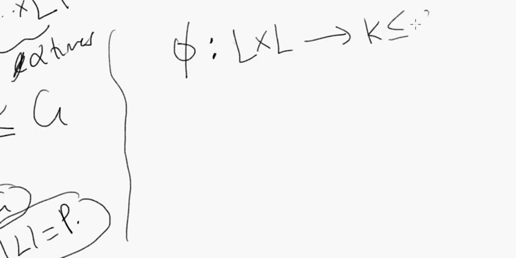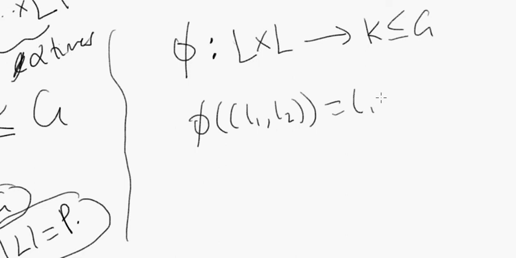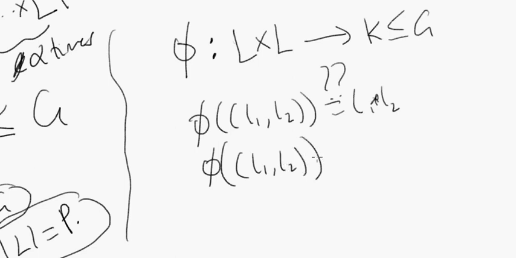Other than the obvious one, which again doesn't appear to be leading us anywhere. So let's try some other isomorphism. What other isomorphism could we think of here? Phi of (L1, L2). What do we want to send that to in G?